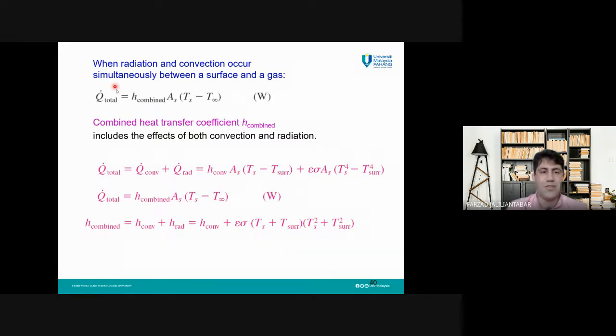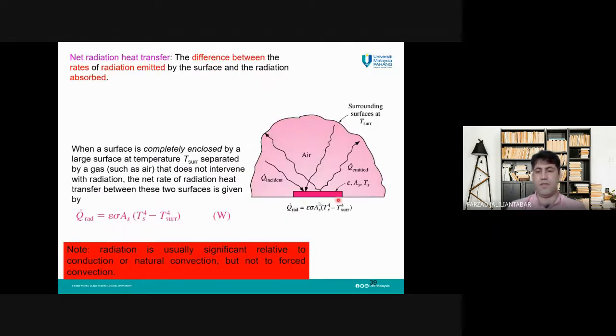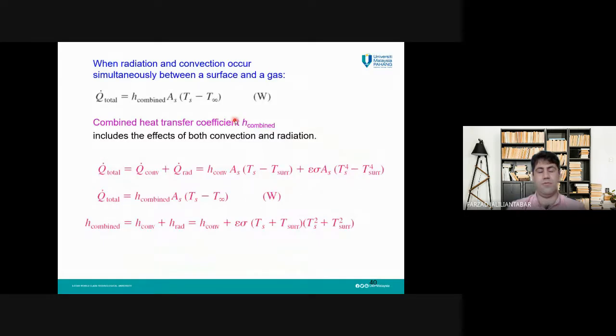In that case, the total heat transfer due to the convection plus the radiation will be this one. Q dot total is H combined, you will see what is H combined, AS TS minus T infinity. You already know about AS. A is the surface area of our solid substance.